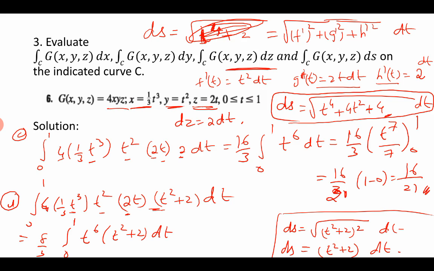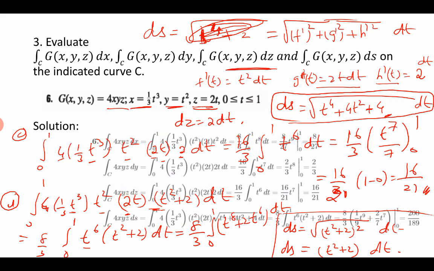Now we have to multiply this inside, that is 8 over 3 integral 0 to 1 of t raised to 8 plus 2 t power 6 dt. And this integration can be further done on the next page.